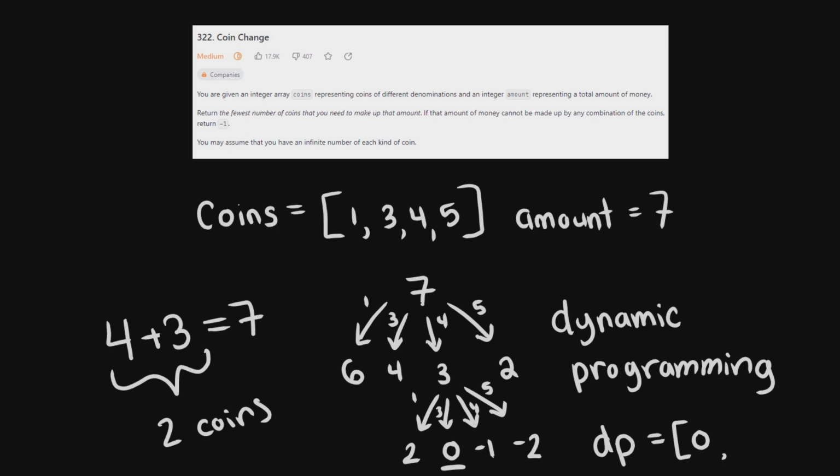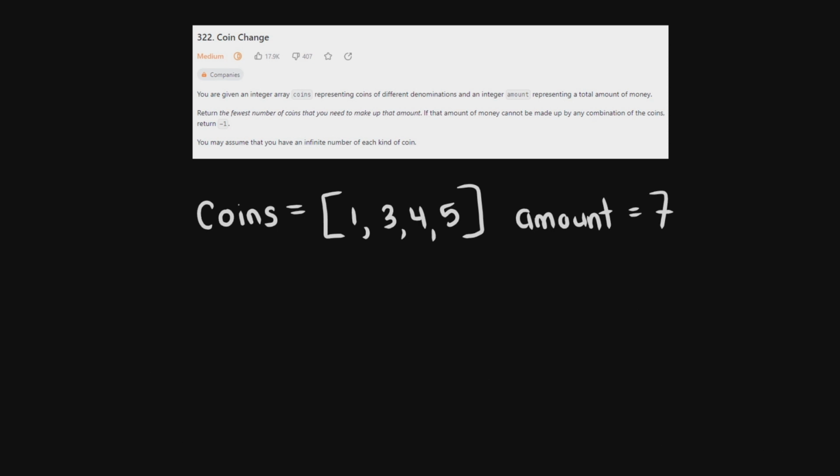And let's say to get to a sum of 1, dp of 1 is going to be 1, and so on. Now this approach is something that's known as bottom up, since we're starting off with the 0th value and we're going outwards until the amount value that we want.